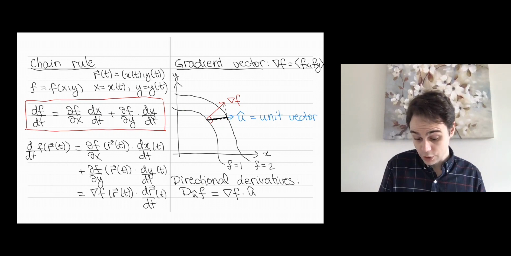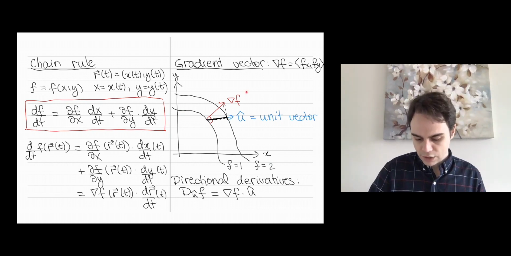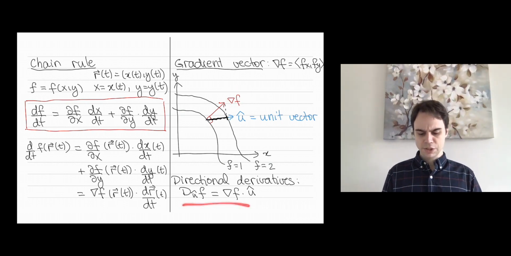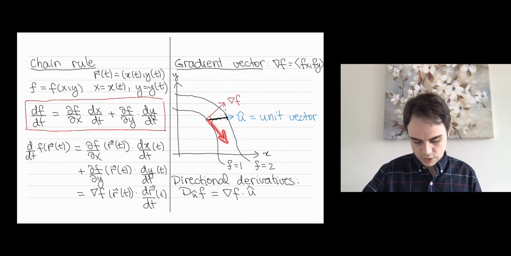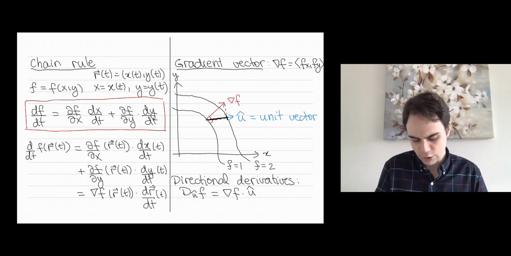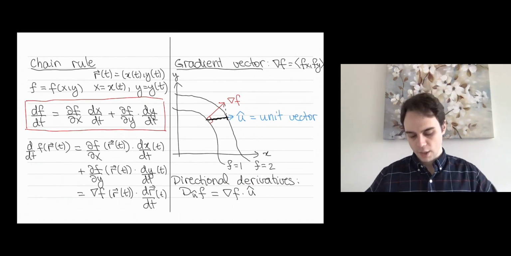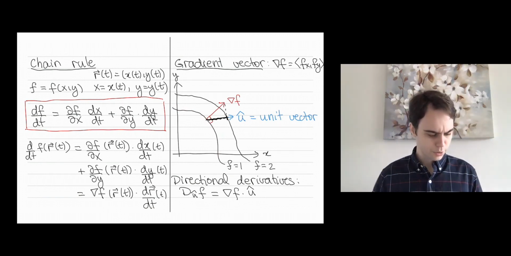So this number is largest when u is in the same direction as the gradient. The direction of the gradient is the direction where f increases the fastest. And if u is tangent to the level set, the dot product will be 0, and the derivative won't be changing. That's consistent with being tangent meaning you stay at the level set to first order.